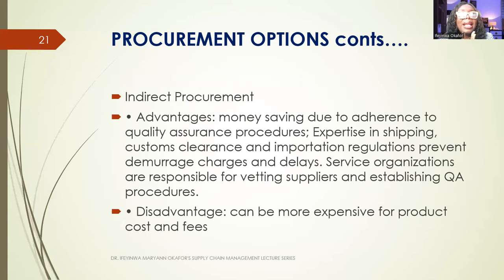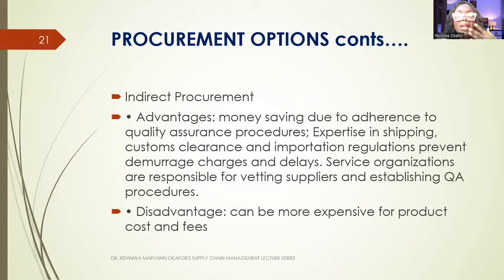Now, let us look at indirect procurement. What are the advantages of indirect procurement? Remember, I said in indirect procurement, the countries engage procurement agents who procure on their behalf.